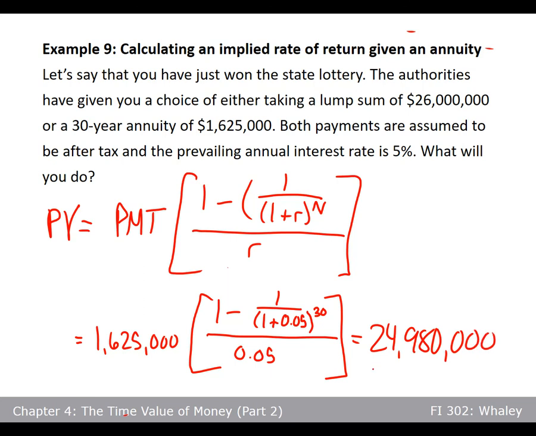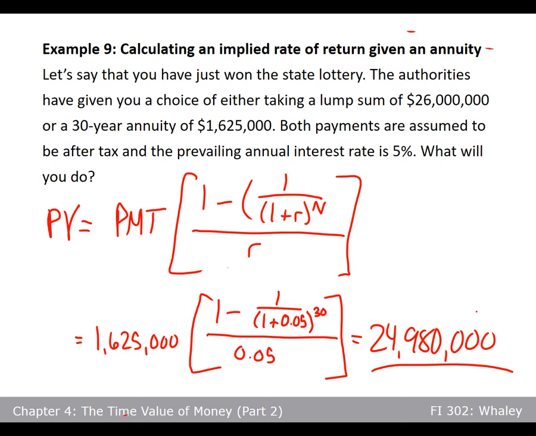Now, what that means in this case is that having $24.9 million now is the same as getting $1.625 million every year for the next 30 years. If you were to get $24.9 million today, and you were to invest it at a 5% interest rate over the next 30 years, you would have the same amount of money in that account as if you got $1.625 million each year for the next 30 years. We've discounted those future annuity payments into present value.